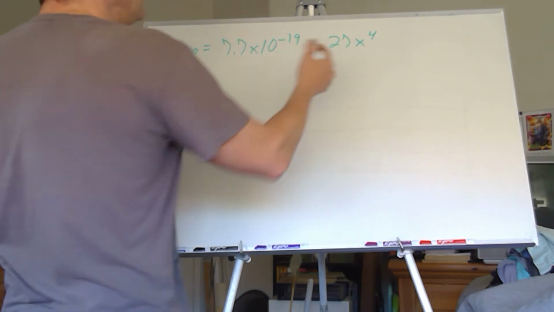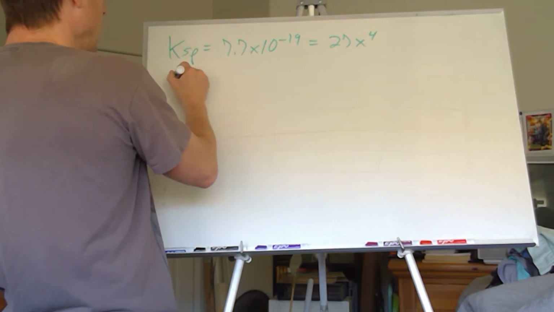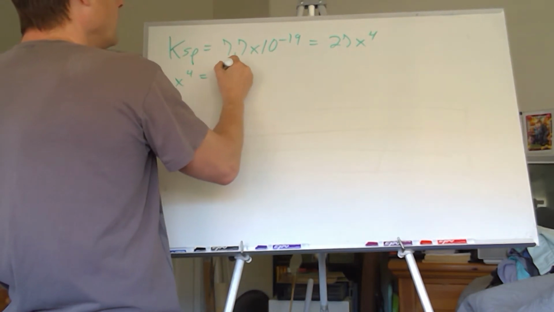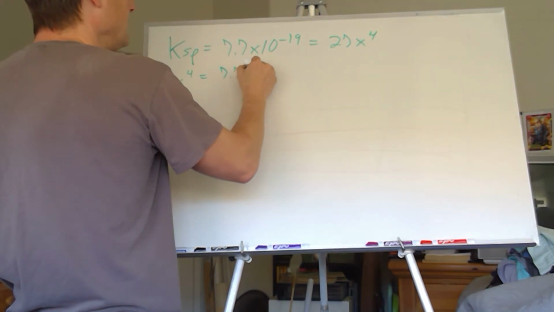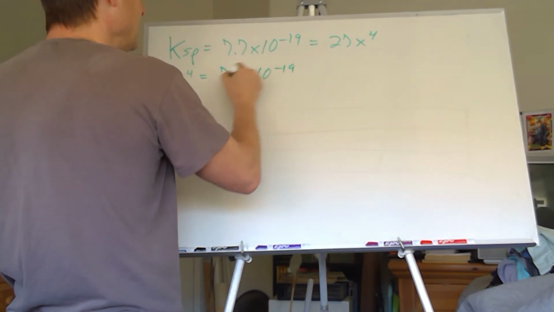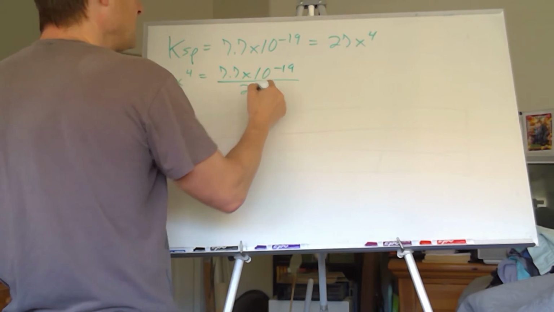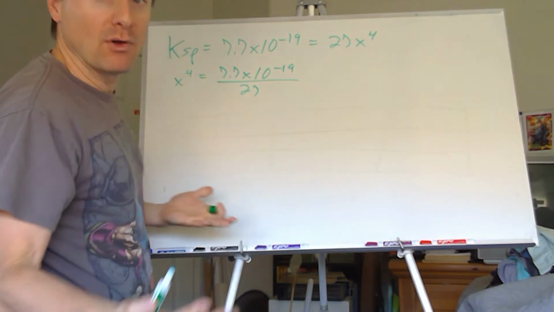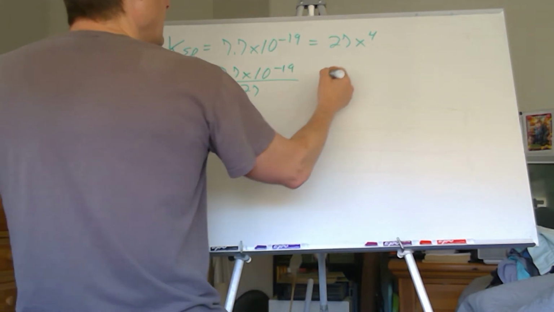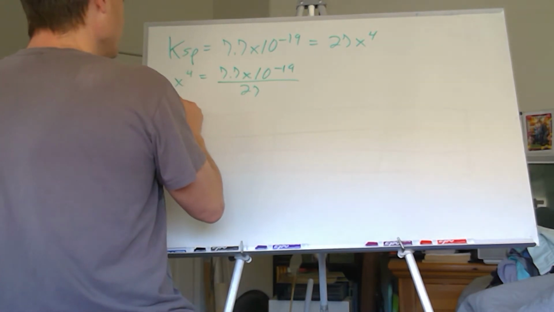Let's pop this in. So I'll just rearrange this. x to the 4th will be 7.7 times 10 to the minus 19th over 27. So that's the Ksp. Move the 20, divide both sides by 27, right? And what are we going to get here?